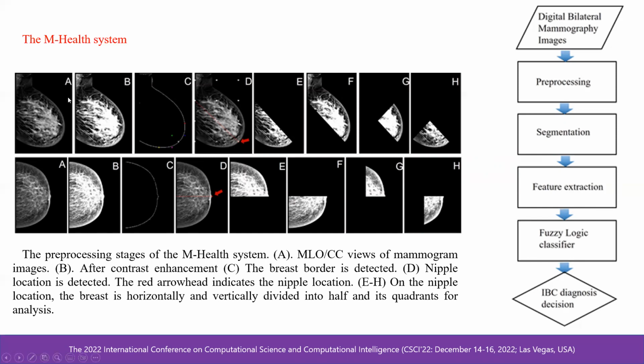Artifacts are the patient's name or the numbers on the mammography images representing the case. Also, in the pre-processing stage, we performed a nipple location, and the nipple location is used as a reference for the next stages, when we are comparing and analyzing the breast by dividing it into several regions, several parts.